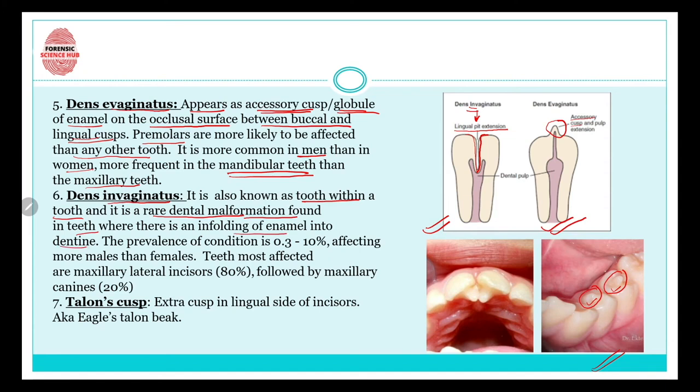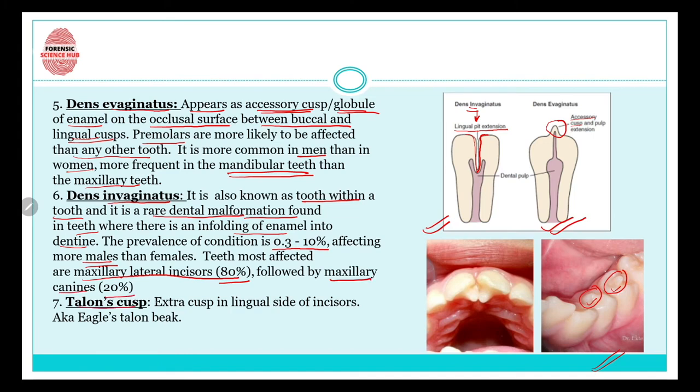The prevalence of this condition is 0.3 to 10%, affecting mostly the males. Then the teeth most affected are maxillary lateral incisors in 80% of the dens invaginatus. Maxillary lateral incisors are affected, followed by maxillary canines in 20% of the cases.